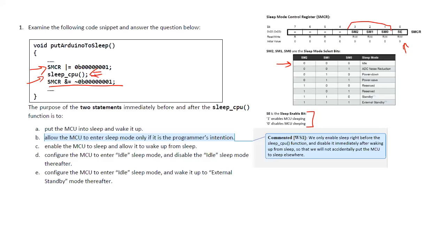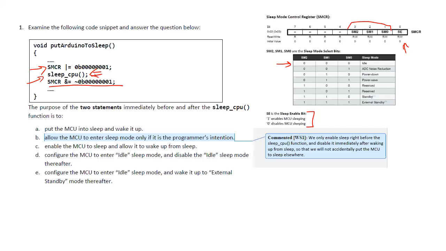So it is intentional that I enable the sleep mode functionality just before I call the sleep CPU, and the moment I come out of the sleep mode, I immediately disable it again. The intention of these three lines of code is to enable it first before I call the sleep CPU function, and after that immediately disable it.